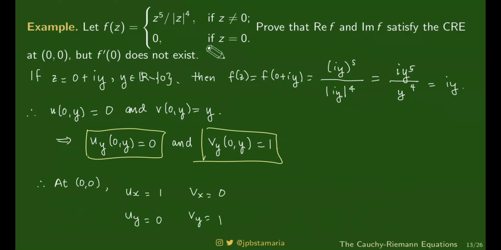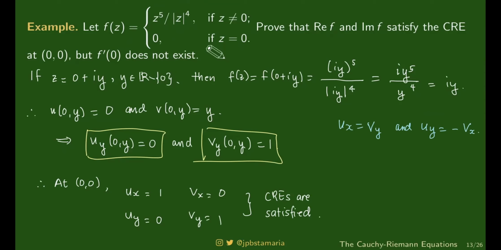So as you can see, at the origin, CR are satisfied. Ano nga yung CRE? u_x is v_y and u_y is minus v_x, for your information. At the origin, the Cauchy-Riemann equations are satisfied. Okay?